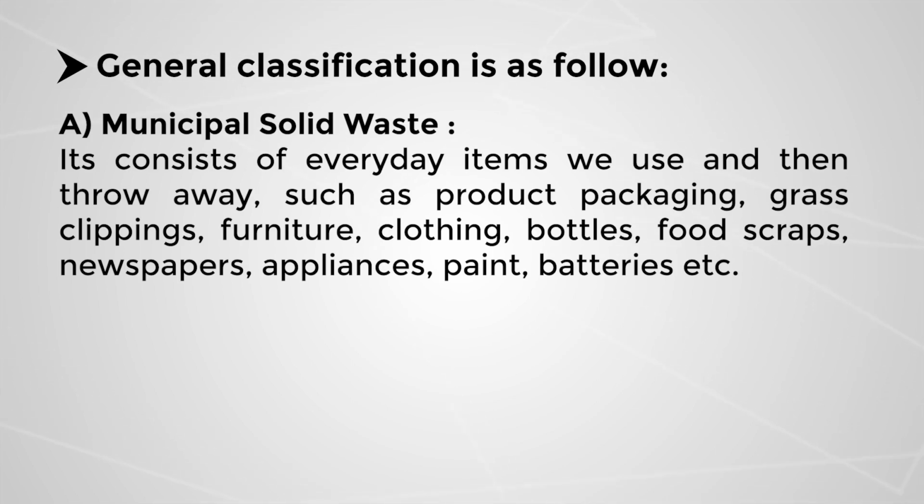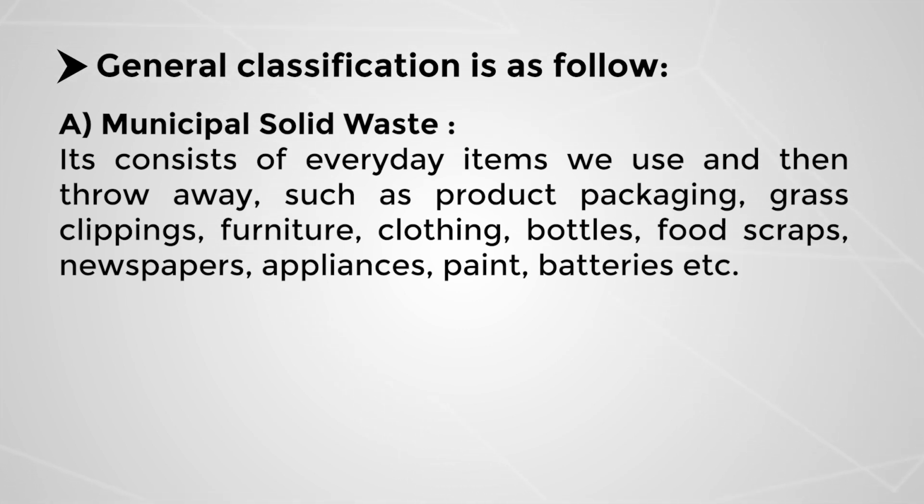As far as general classification of solid waste is concerned, municipal solid waste consists of everyday items we use and throw away, such as product packing, grass clippings, furniture, clothing, bottles, food scraps, newspaper, appliances, paint and batteries.